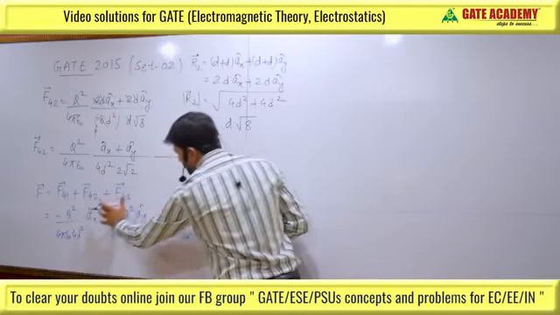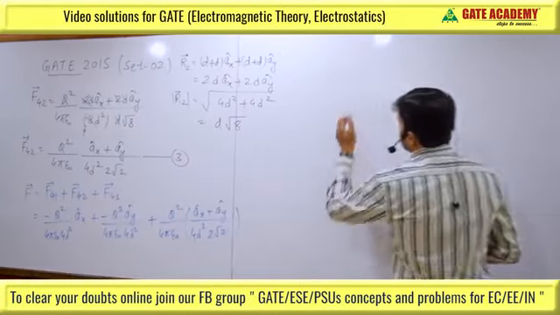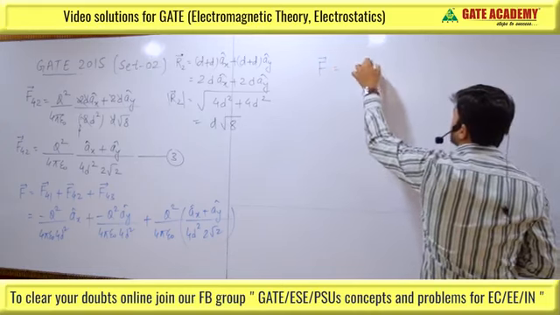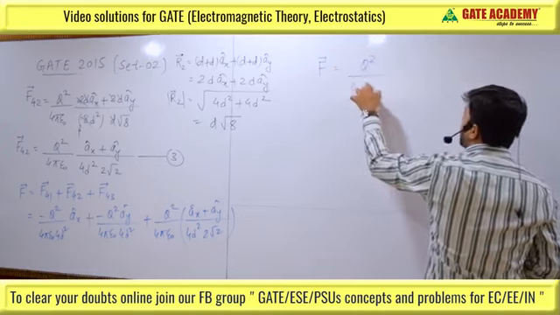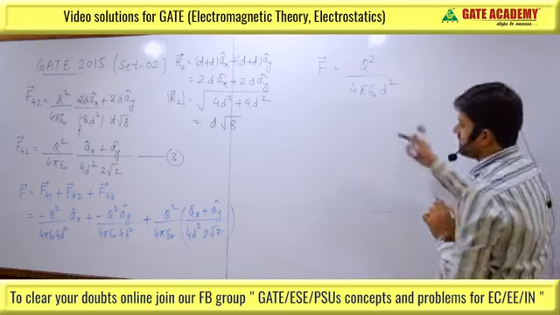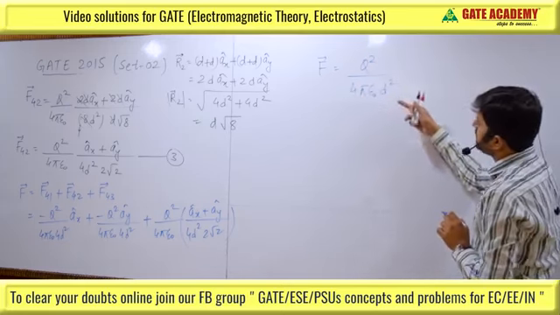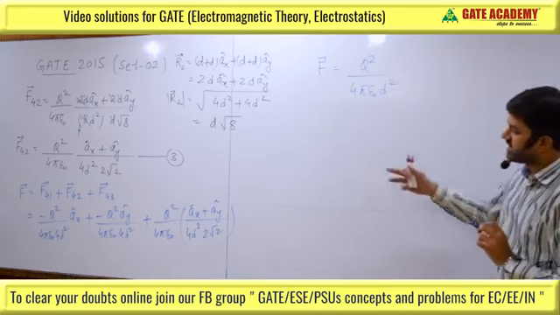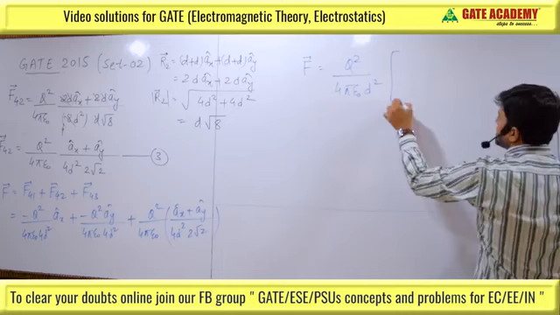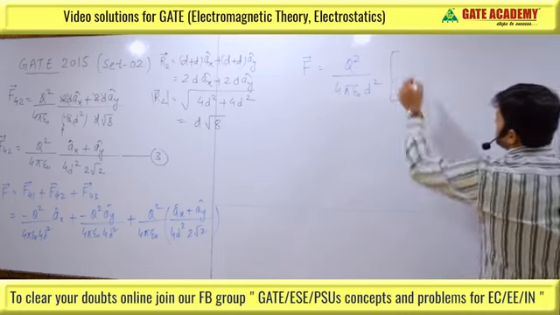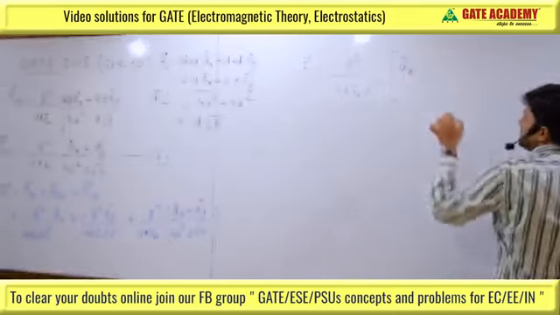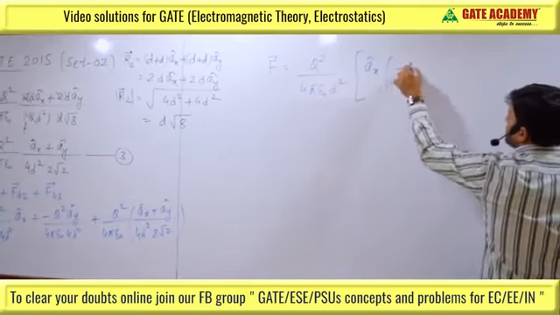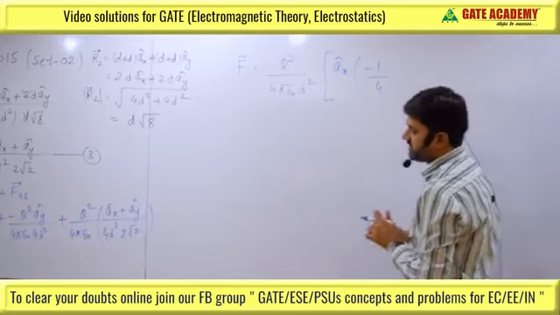So if we add these 3 equations, we have to represent it in the form of q square upon 4 pi epsilon naught d square common. If I take this as common, the remaining part will be k. So if I take this common, in the ax term, from the first part, we will have minus 1 by 4.